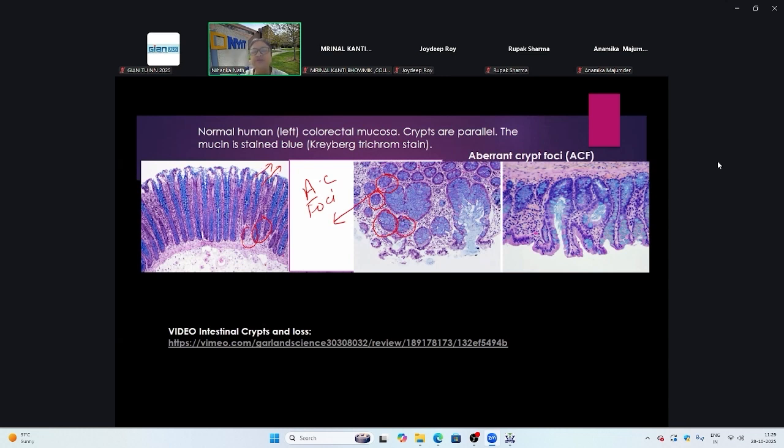Early visibility of aberrant crypt foci is an excellent way to know what's going on. That simply means that if you're at the age of 49 or 50, and maybe you don't have anything going on, or there's nothing in your family, then in a colonoscopy, if they take some tissue like this and simply look at it, they will see all these aberrant crypt foci.